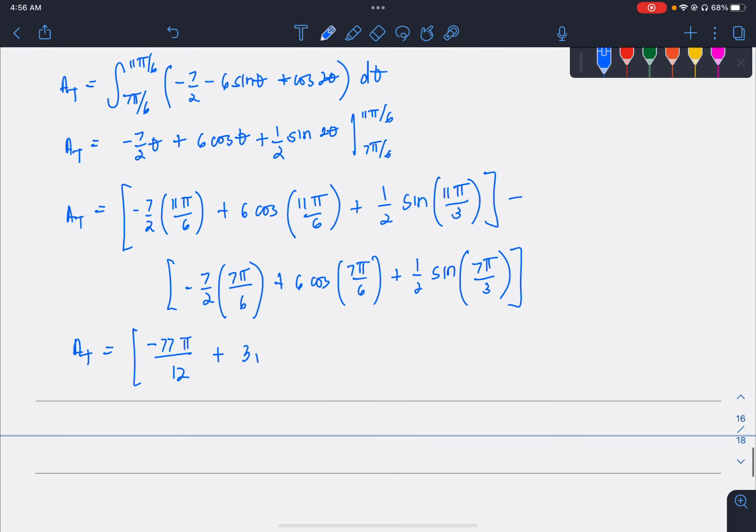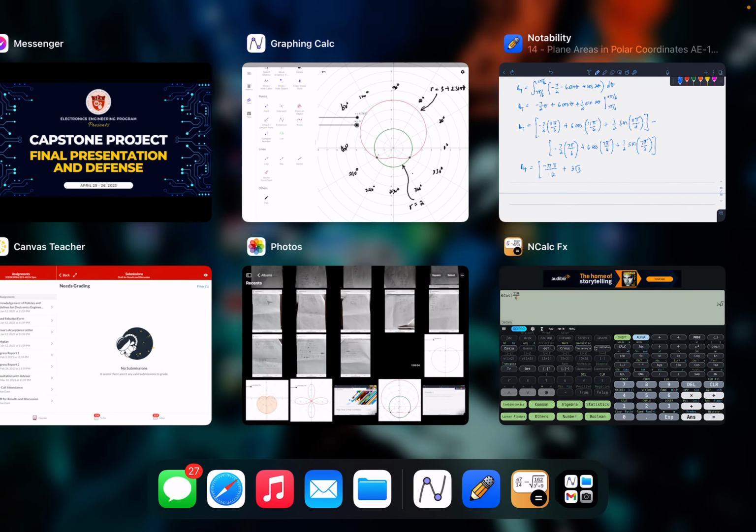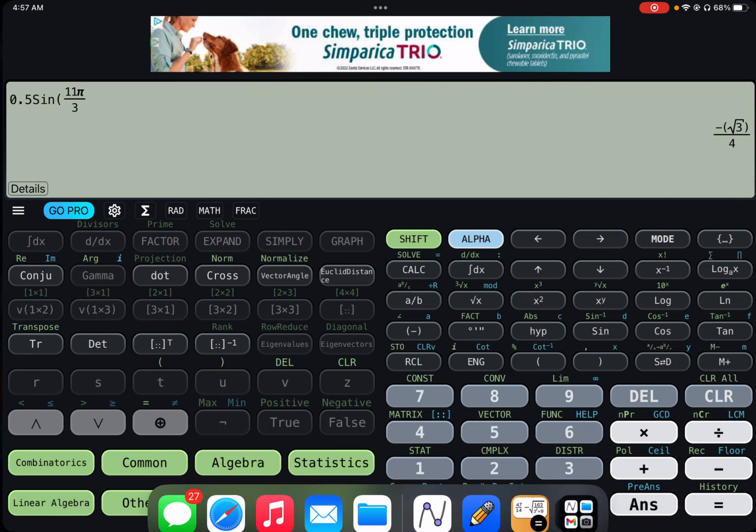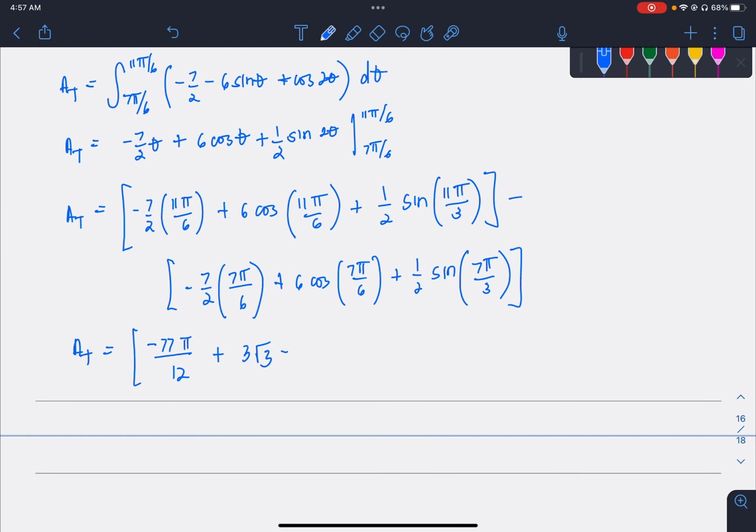Then 1/2 sine 11 pi all over 3. So negative square root of 3 all over 4. So minus square root of 3 all over 4. And minus negative 49 all over 12 pi.